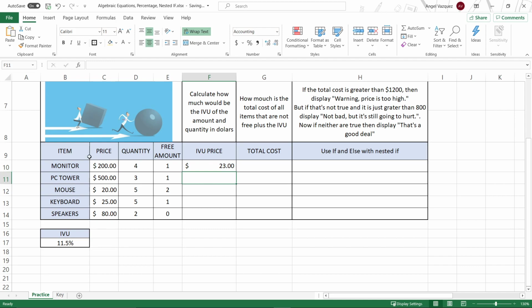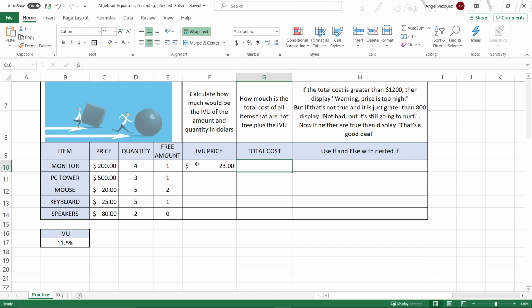So if we were going to buy one monitor for $200, and we have an 11.5% EVU, then we would be paying a total of $23 for EVU only, just the tax. And then to get the total price, 23 plus 200 would be $223, the total cost of one monitor.